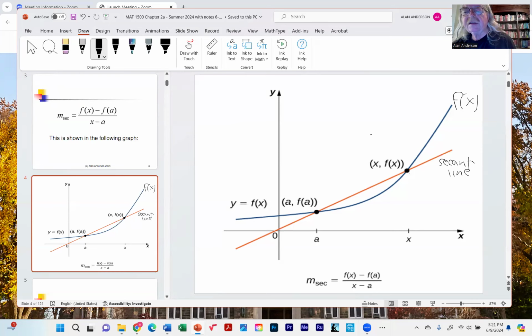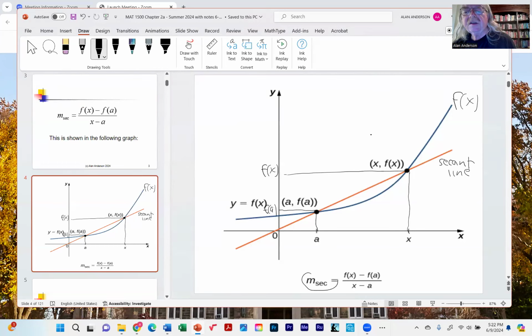Here's x, here's f of x. Now, of course, since we don't know what the function is, we can't identify what f of x is, but whatever it is, it belongs here. Now, a is at some other point, and its value is right here.